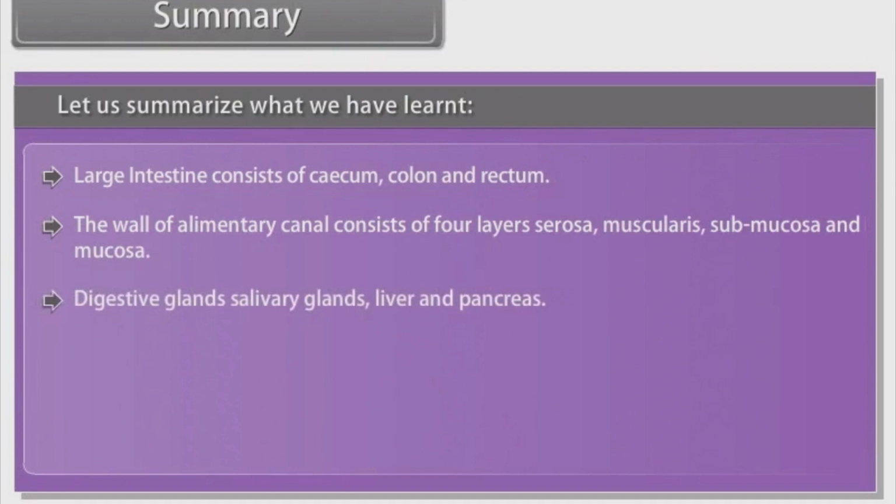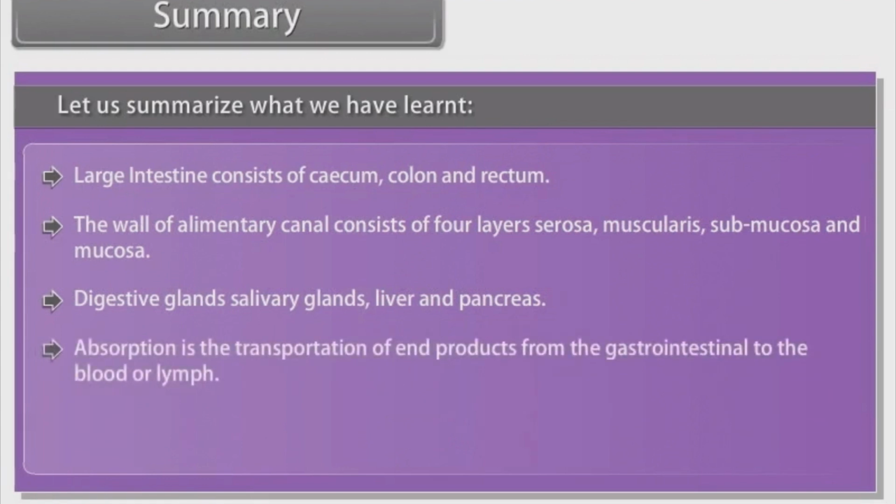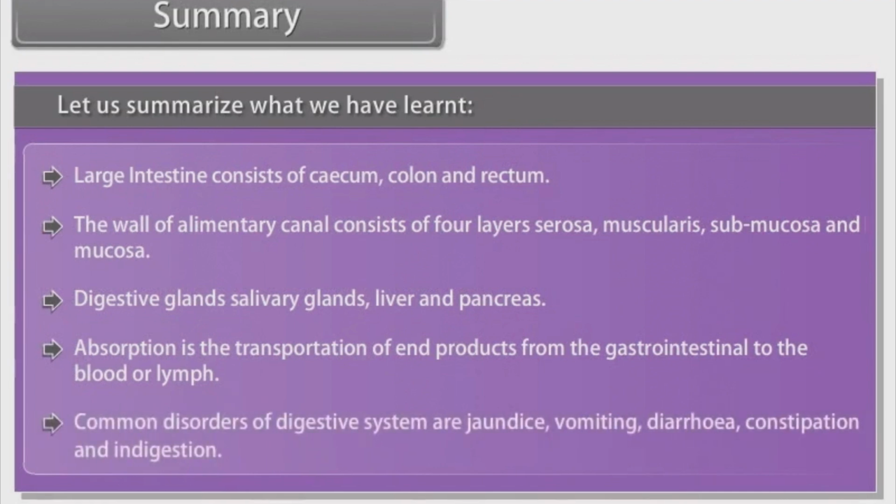Digestive glands are the salivary glands, liver, and pancreas. Absorption is the transportation of end products from the gastrointestinal tract to the blood or lymph. Common disorders of the digestive system are jaundice, vomiting, diarrhea, constipation, and indigestion.